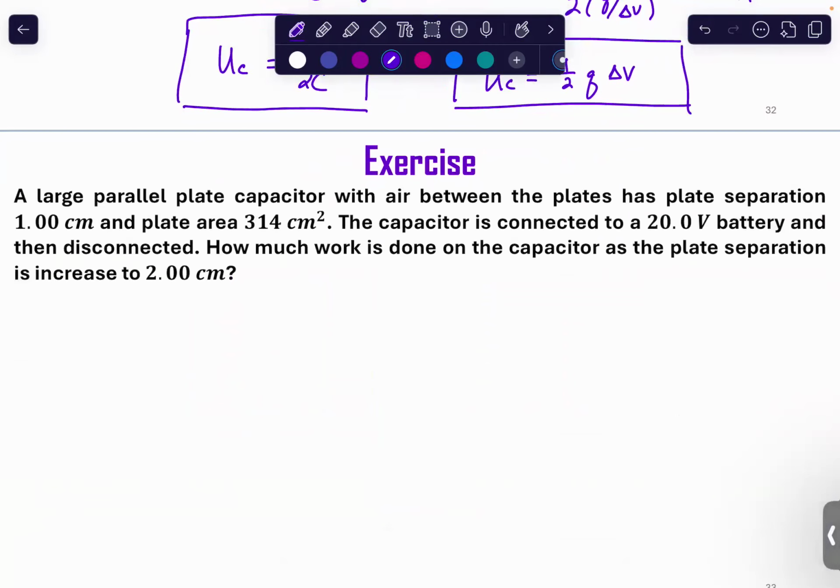All right, so we have a large parallel plate capacitor with air between the plates. Why is that important? It's not in a vacuum. We just got done talking about dielectrics. What is the problem telling you air between the plates gets you?